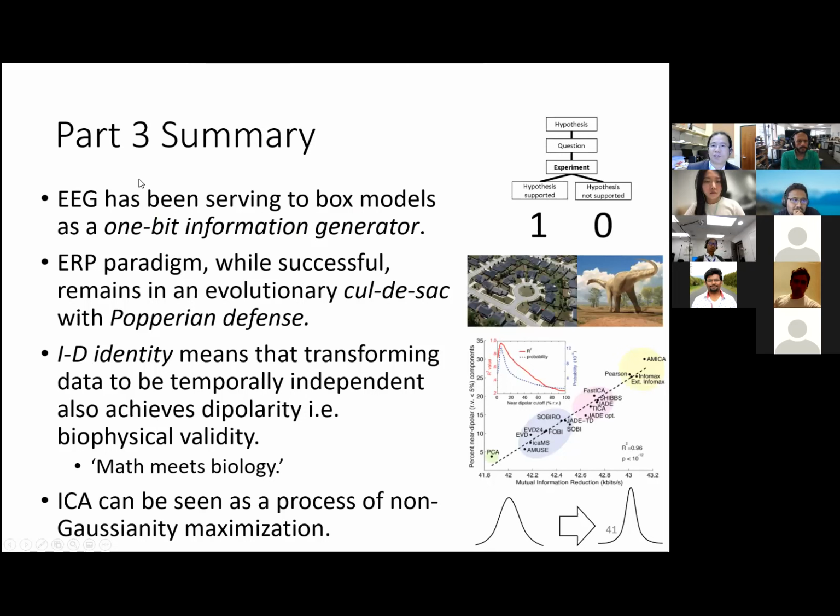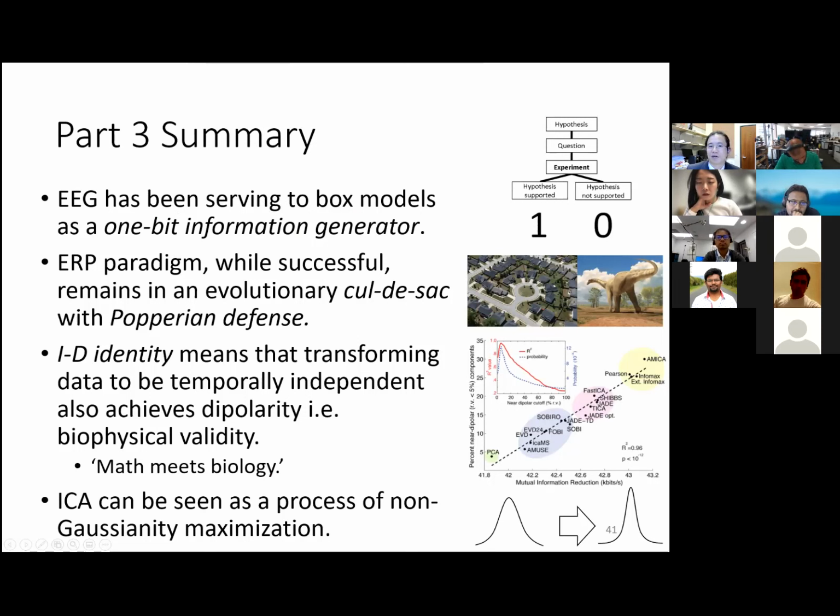Part 3 summary: the EEG has been serving the box models as a 1-bit information generator. In that sense, whatever analysis is good, but if we indulge ourselves too much with such a dismissive attitude to new technologies, then we may get stuck in this cul-de-sac.